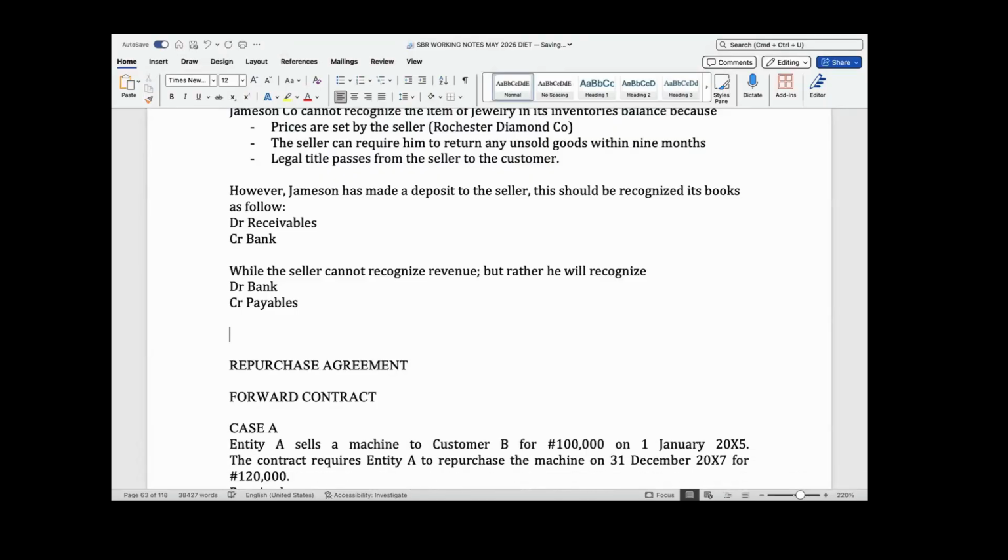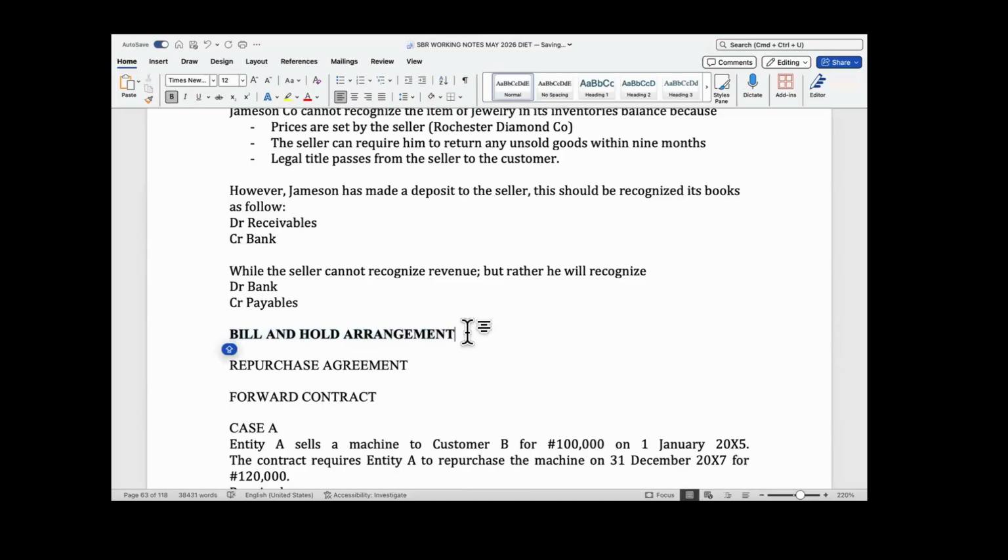So the last one that I will touch, okay, before the last one, I will not say much on this. Let me just mention it. Bill and hold arrangements. This is not common.